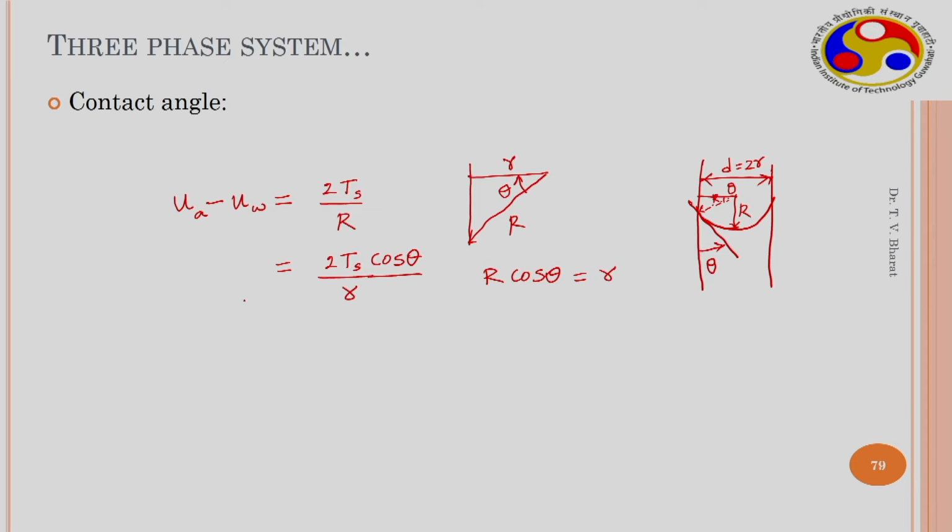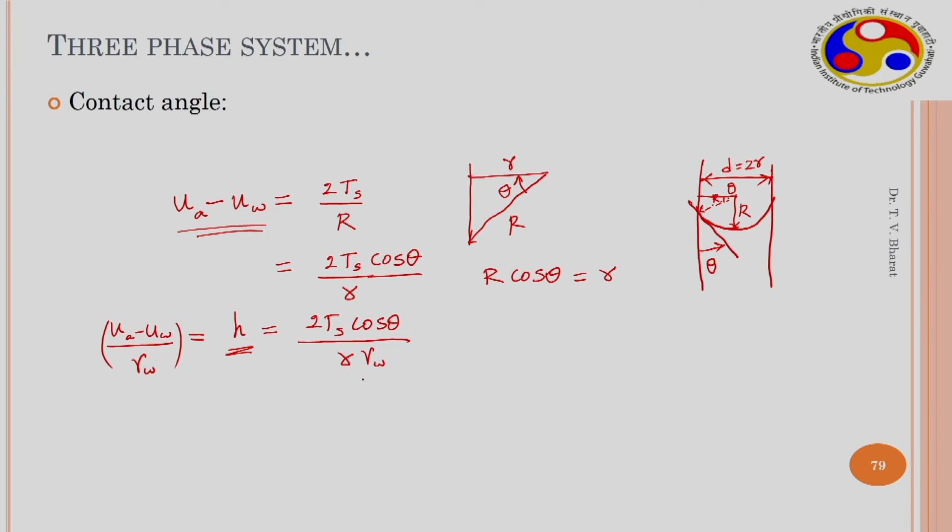Here ua minus uw could be written as h times gamma w, then h would be 2 Ts cos theta by r gamma w, because in order to maintain hydrostatic equilibrium, the induced pressure ua minus uw should be balanced by the rise of the capillary. So h is equal to ua minus uw divided by gamma w.